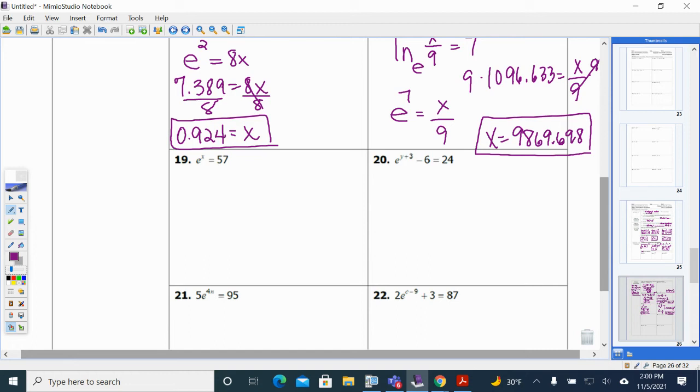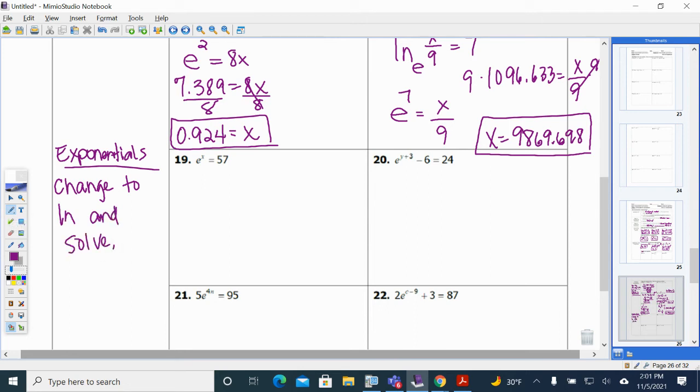So the only method that we need to know for these exponential equations is to change it to log, and I should say natural log. Let me rewrite that: to natural log and solve.